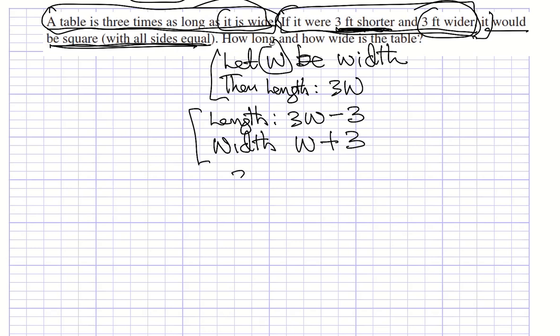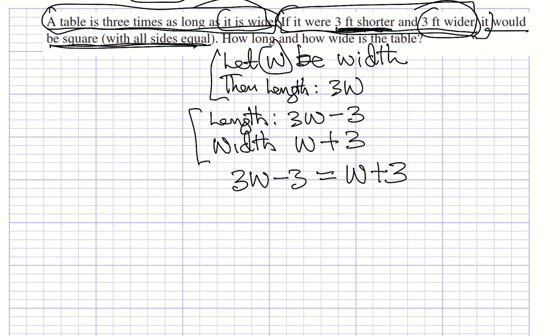So what they're saying there is 3W for the length, 3W minus 3, will be equal to W plus 3. Sometimes every word counts when they're describing this stuff. Then you have to find how long and how wide the table is.